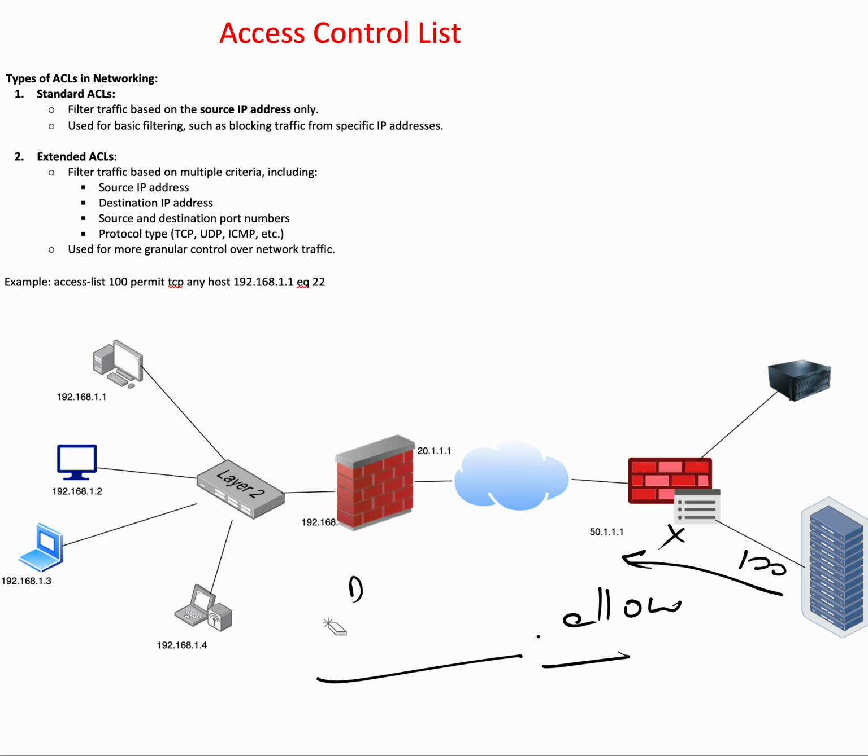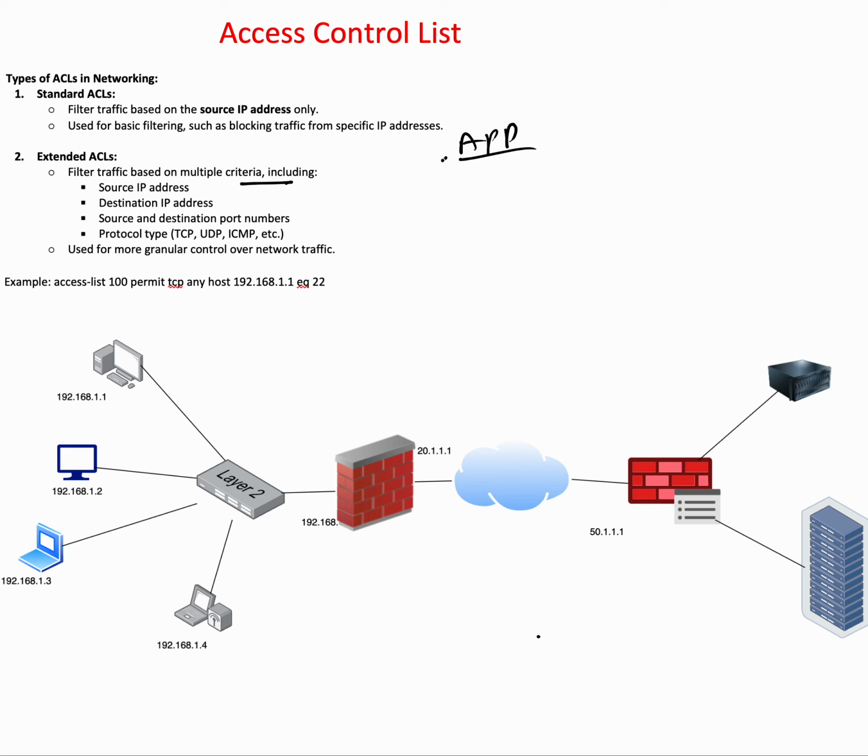Protocol type, and a lot of other criteria like application filtering and all of that. You can apply these to the ACLs as well. In the end, it'll get mapped just to the ACL. Again, we will have a separate session on that, just giving you guys an overview.